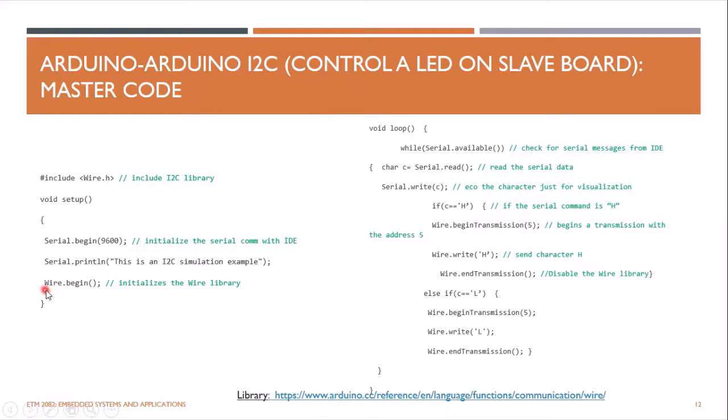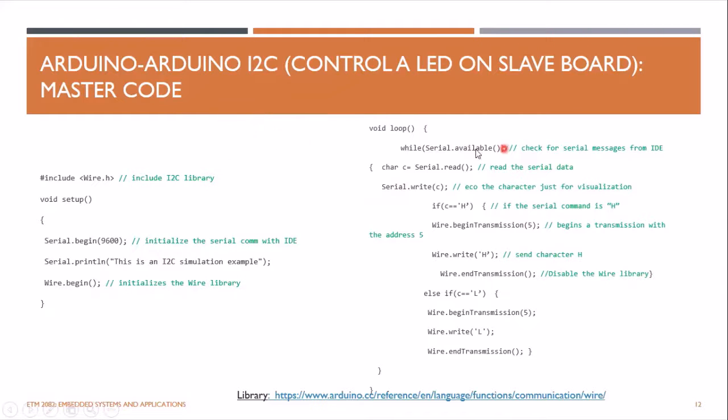And then I'm going to start my I2C communication. I'm using Wire.begin, which is the initialization of the Wire library. It will do the initial settings. This is the setup function. And now we are going to the loop function. Serial.available is the way that I read the command from my computer, right?